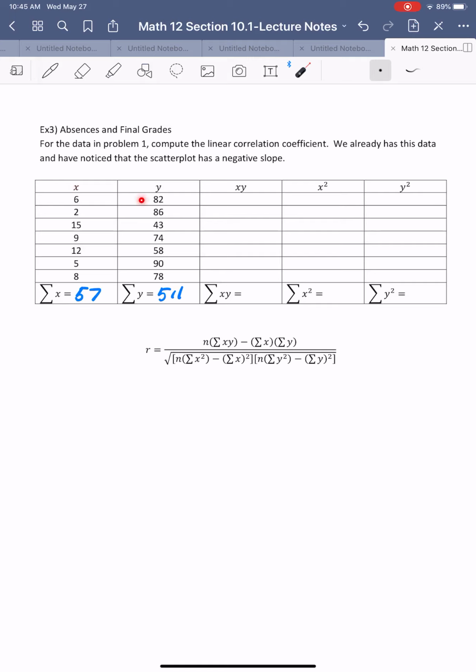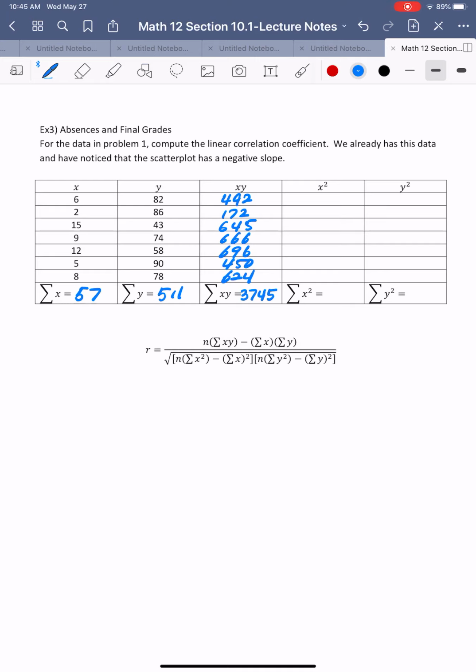So 6 times 82, 2 times 86, okay? You get the products 492, 172, 645, 666, 696, 450, and 624. Add it all together and you get 33,745.